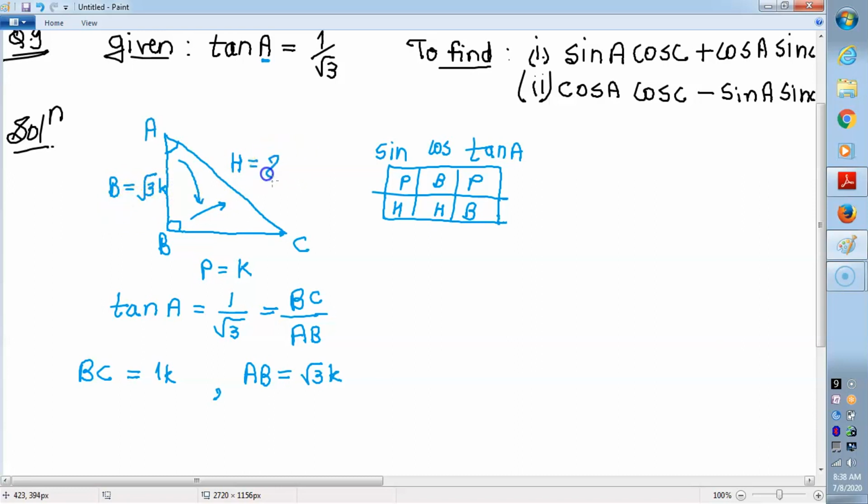Now what about the third side? We will calculate it by applying the Pythagoras theorem. In triangle ABC, hypotenuse square equals perpendicular square plus base square. Hypotenuse is AC, perpendicular is BC, and base is AB. Let's put the values.